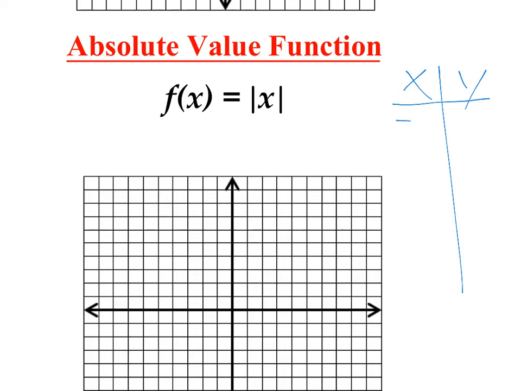Now, I'm going to go through and do my standard -2, -1, 0, 1, and 2. And if I'm thinking absolute values here, it's just going to be making those x values positive, because -2 is 2 units away from 0 on a number line.